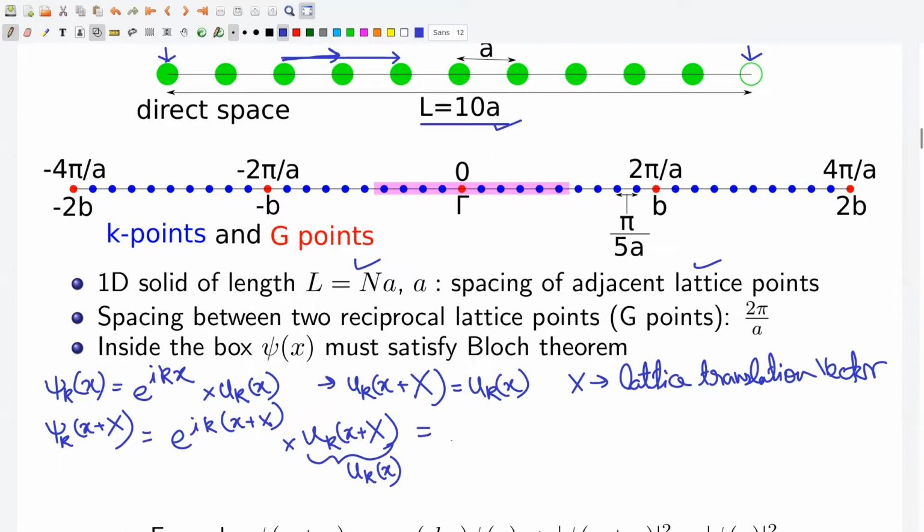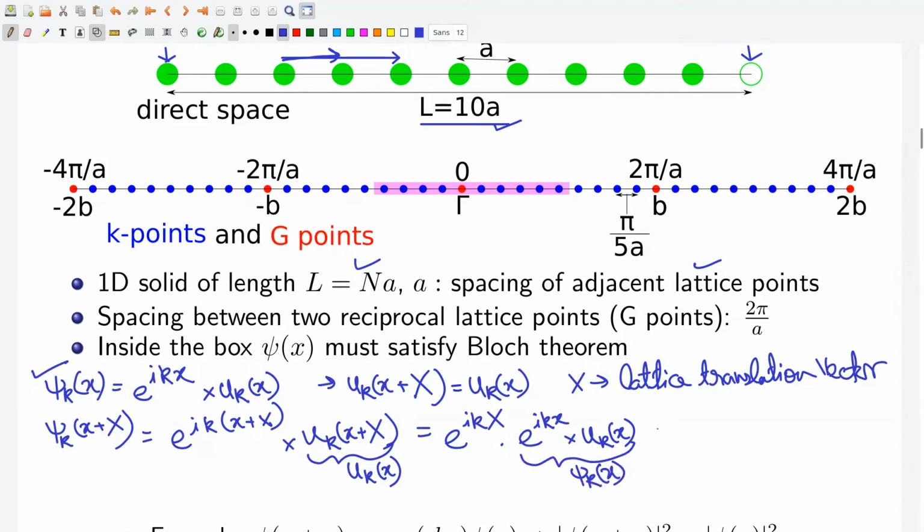So that gives us e power i k capital X times e power i k small x times u k of small x. But this is equal to psi k of x.